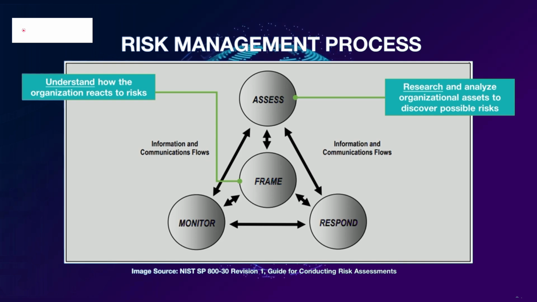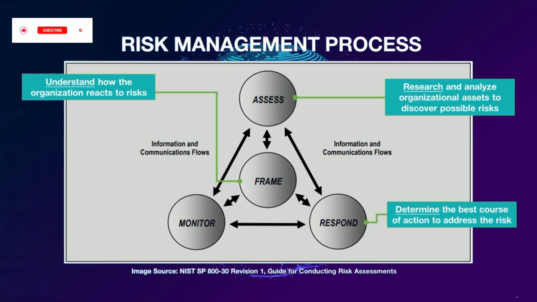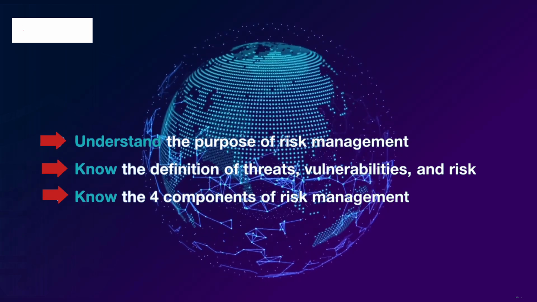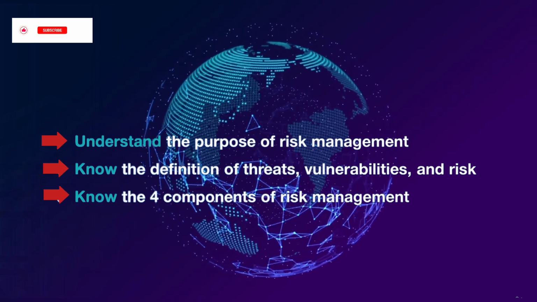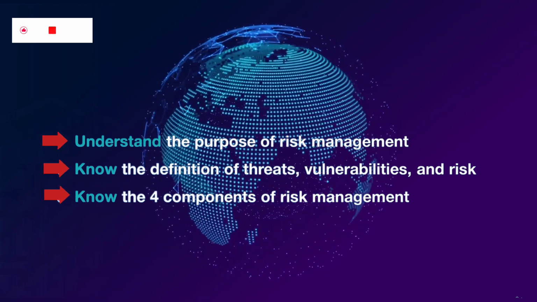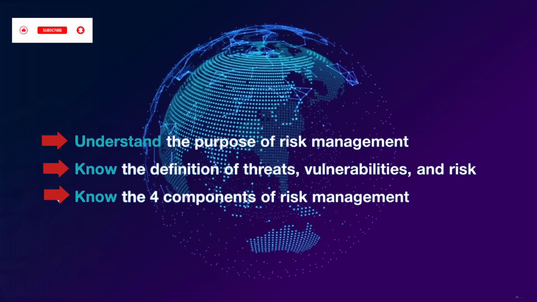Then when we respond, we are going to determine the best course of action to handle that risk, and then we are going to monitor that risk over time to make sure our risk response was effective and remain compliant with whatever laws and regulations we are required to be compliant with. So the bottom line for this particular video is to understand the purpose of risk management, know the definitions of threats, vulnerabilities and risk, and also know the risk formula, and then know the 4 components of risk management.